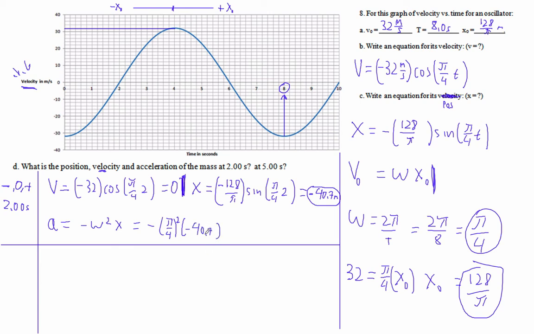I take the number on my calculator, the negative 40.7, and multiply by the opposite of pi divided by 4 squared, and I get 25.1 meters per second squared, a positive number, which is indeed what I should get. All right, so now let's look at 5 seconds.